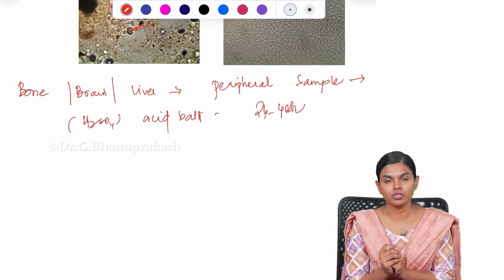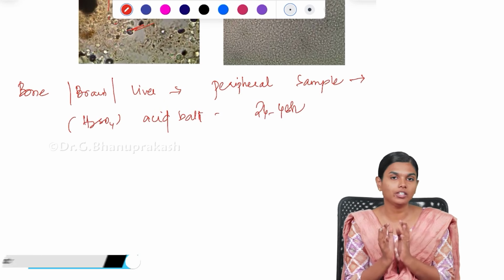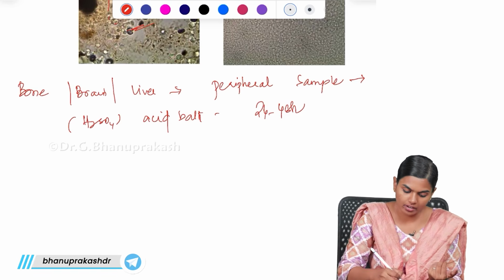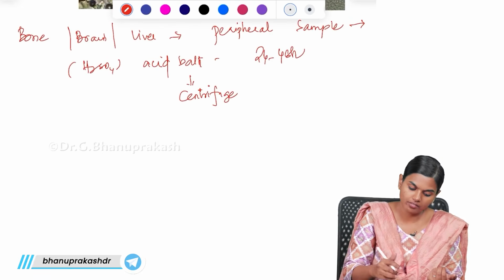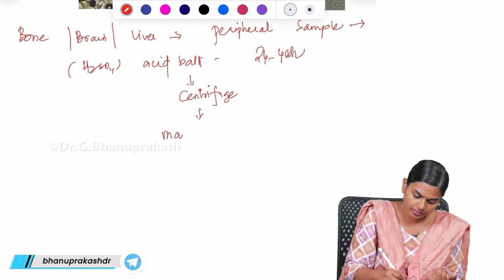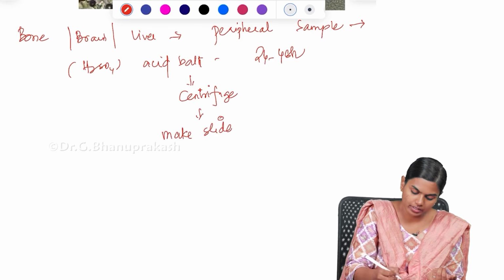We will put the tissues in and wait for the tissue to digest. Then we will take that fluid, centrifuge it, make a slide and look for the diatom.